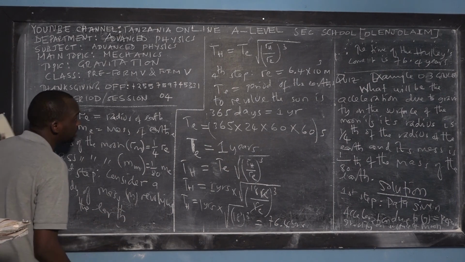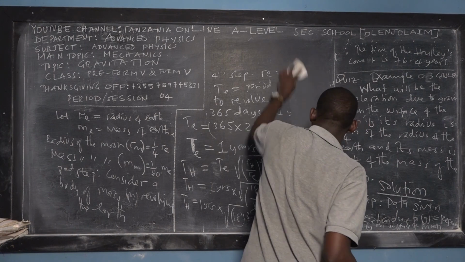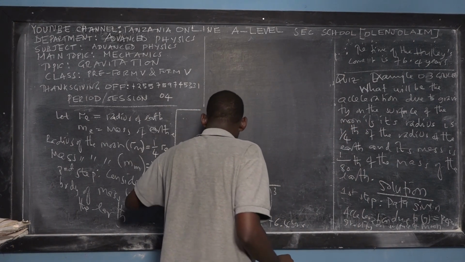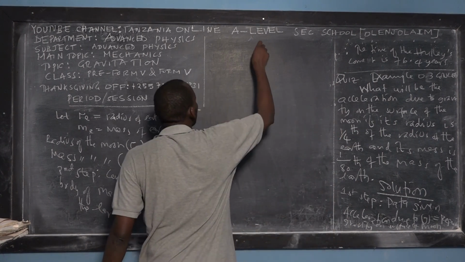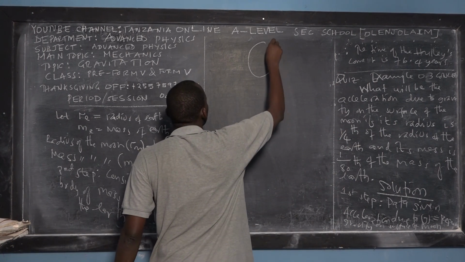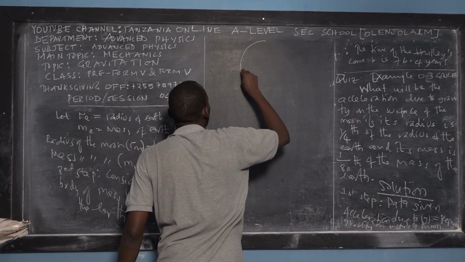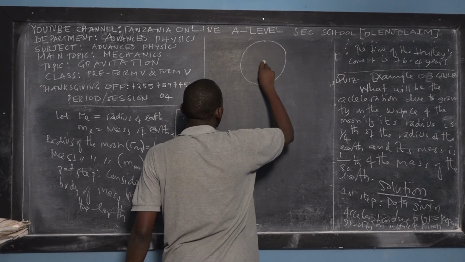So we have to sketch to present the orbit and the earth as the center of the system. So now we have our circle. Excuse me. This is the circular orbit, and this is the earth.